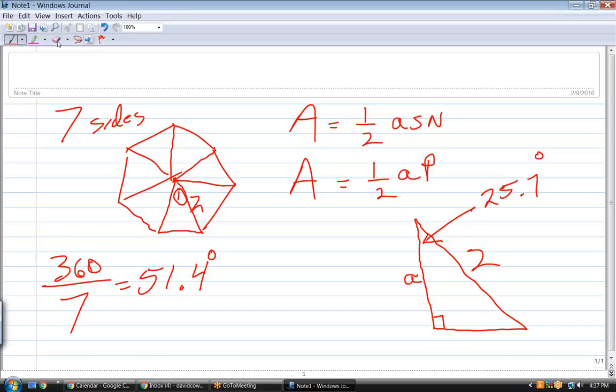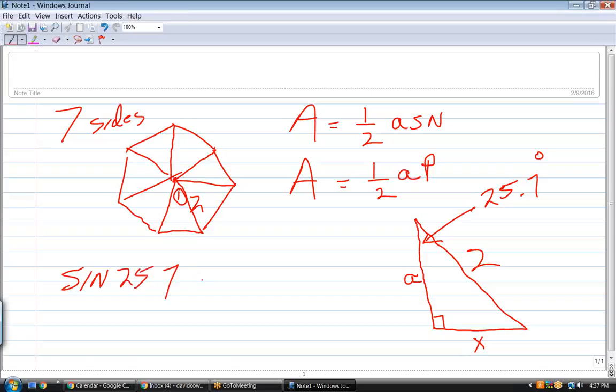Okay. You've had enough trig that you should be able to come up with a trig equation that's going to allow me to solve for A. And, for that matter, X, because I need to know the side length also. What trig function should I use? For A or X first? Either one, whichever you like. You could use sine 25.7 times 2.